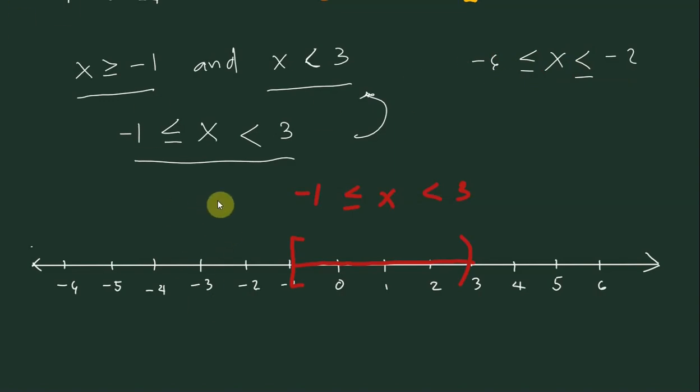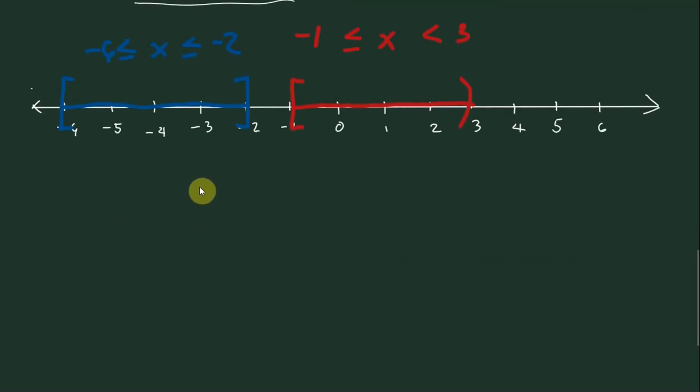It's greater than or equal, so we will use this bracket at negative 6. Then we connect it here. So this is our graph for x greater than or equal to negative 6 and lesser than or equal to negative 2. That's how you graph these inequalities in the real number line.